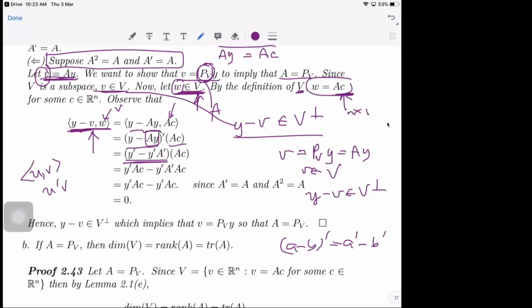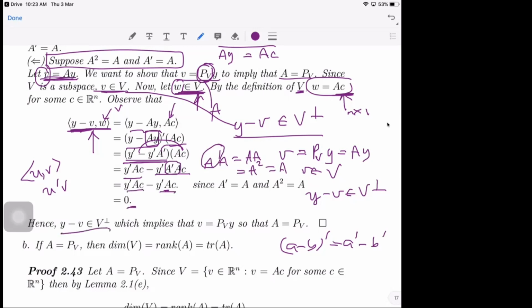Then distributing, you have Y prime AC and Y prime A prime AC. Now, A prime A is just A because A is idempotent, so A squared is A. And then the difference is equal to 0.